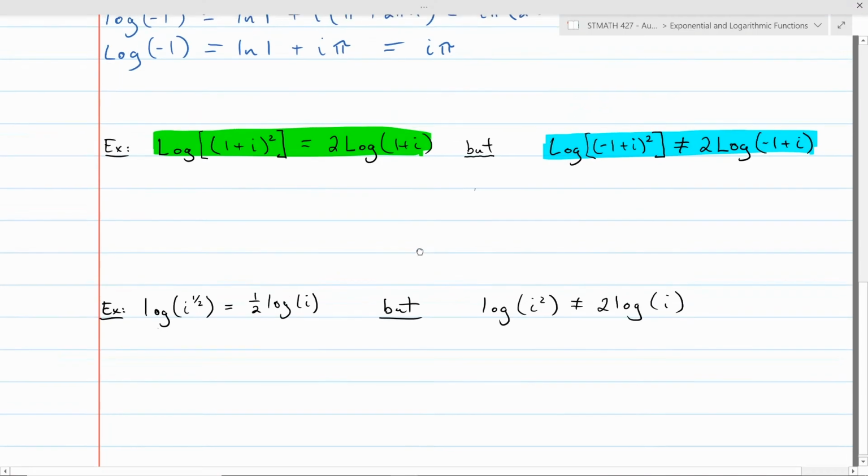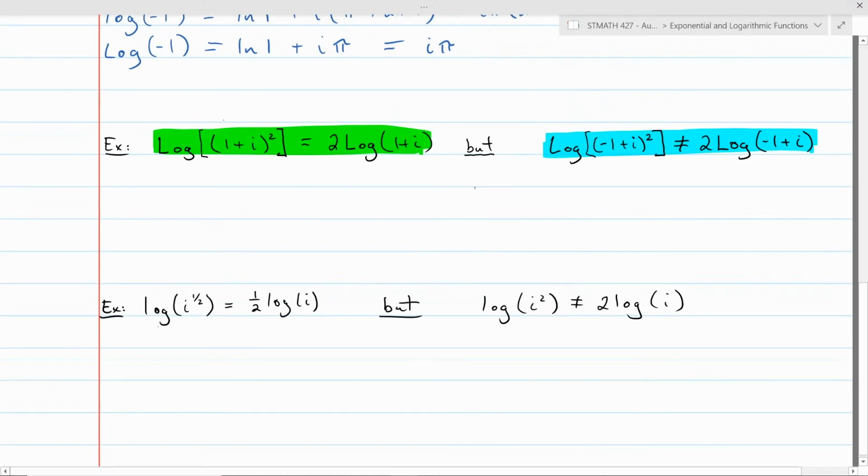Hopefully you recognize that with 1 plus i here, the radius is going to be square root of 2, and the argument of that number, 1 plus i, is in the first quadrant at 45 degrees, right? So the arg is pi over 4. The one highlighted in blue here is in the second quadrant, negative 1 plus i, so it's still got a radius of square root of 2, but its argument is 3 pi over 4.